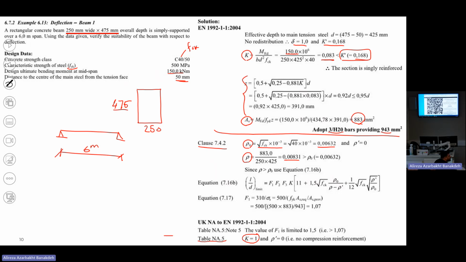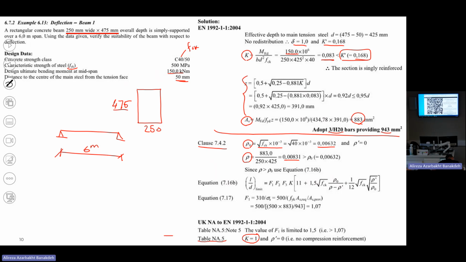That's why I told you this. I chose this book because the way of writing is like this. It's interconnected with the Eurocode and National Annex. Wherever you're chasing something, you can see why K is 1, go to National Annex number 5. So when we're writing a report, you preferably want it in this style. Yes, of course. And this is the professional way of calculating. Calculation sheets for civil engineers.